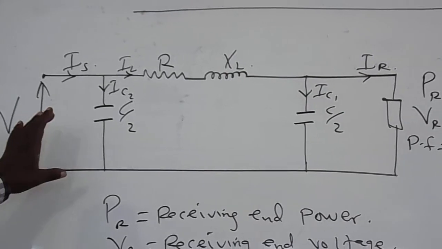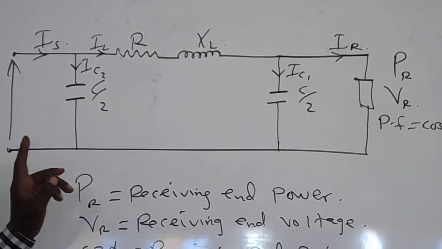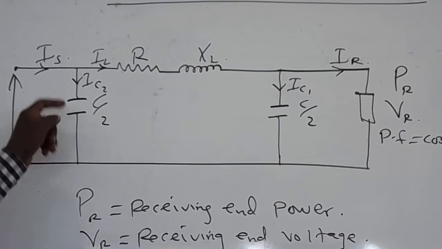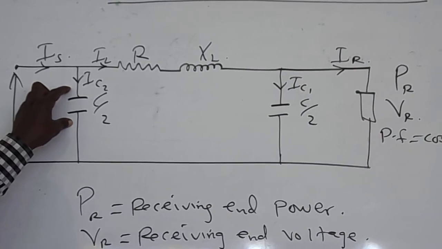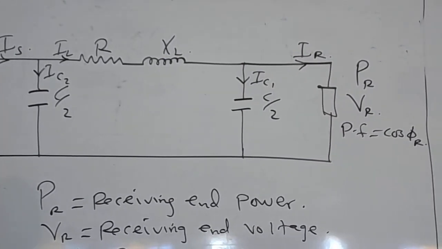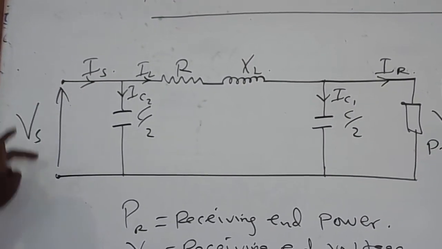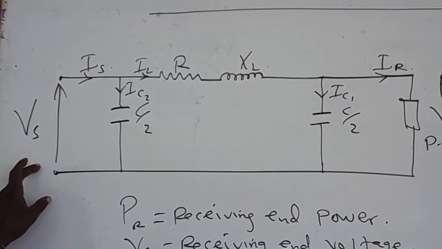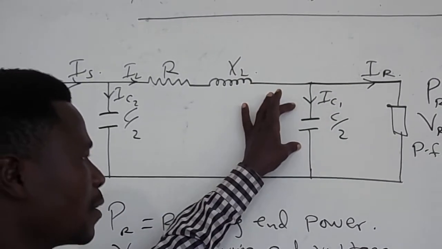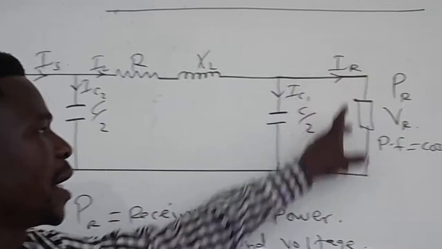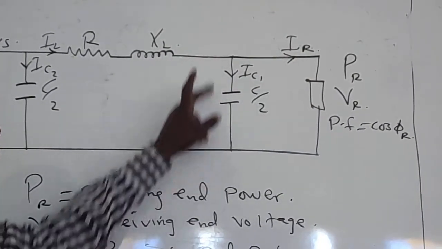If you look at the circuit diagram keenly, you will realize that the voltage across the capacitance lumped at the sending end will be equivalent to VS, because this circuit is parallel to the sending end voltage. You also realize that the voltage across the capacitance at the receiving end will be equivalent to the receiving end voltage, that is VR.